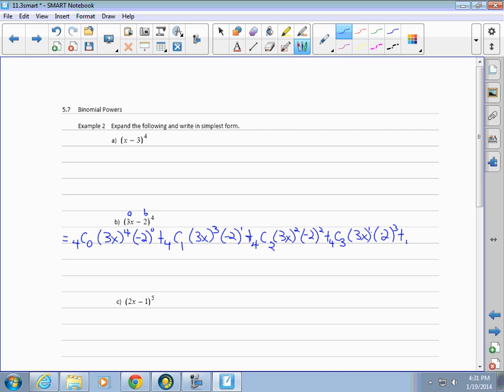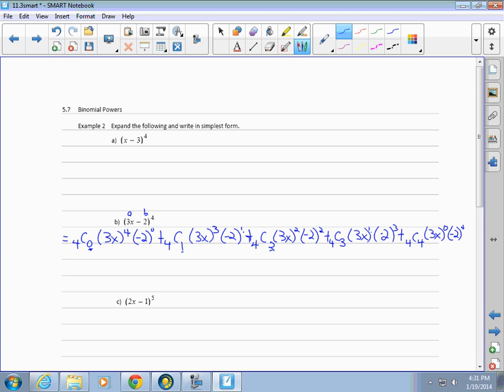And then plus 4 choose 4, (3x)^0 times (−2)^4. So another thing you might notice here is your b exponent is always matching your r. So this was a 1, this was a 1. This is a 2, so my second exponent is a 2. 3, 3, and so on.